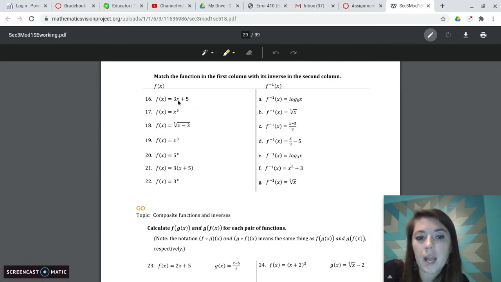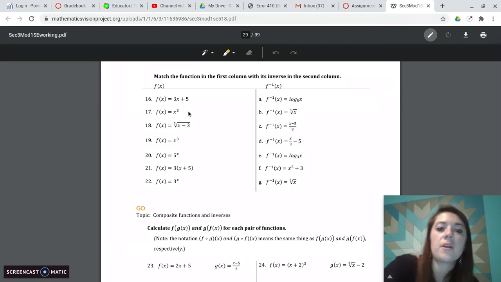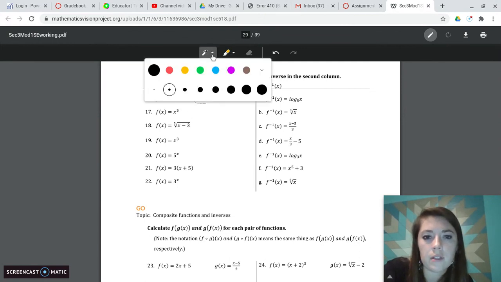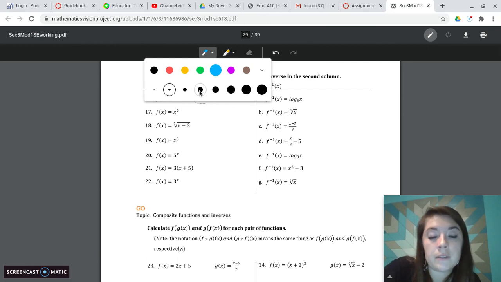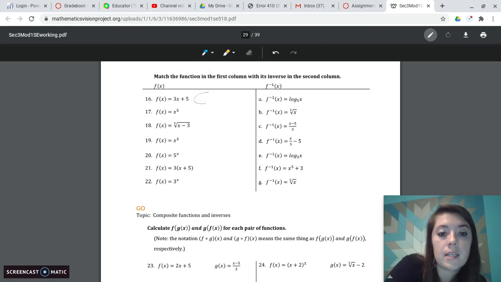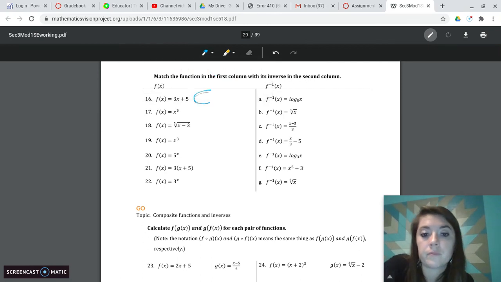So what we'd do to get x by itself here, we'd subtract 5. It'd go over to this side. And then we divide by 3. So everything would be divided by 3. So that means 16. Sorry, you guys can't really read that. Bless me. 16 is C. So that means this one is now gone.